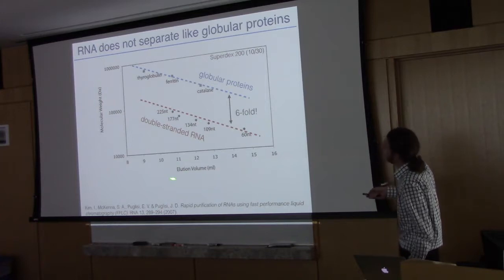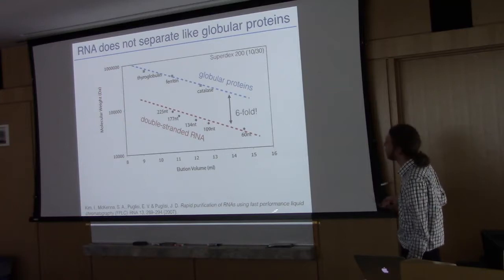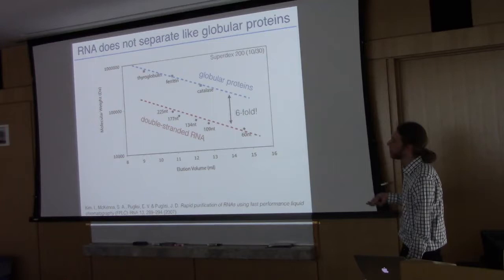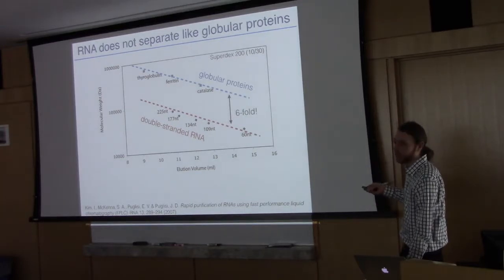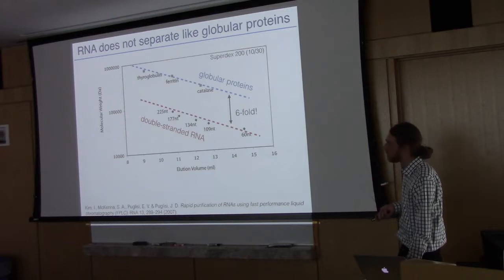The axes are reversed on this plot from the previous one, so molecular weight's on the y-axis, solution's on the right. So that's a 6-fold difference. When you're choosing your columns, just be aware that molecular weight cutoffs might only apply to globular proteins and not to your RNA or highly elongated protein.